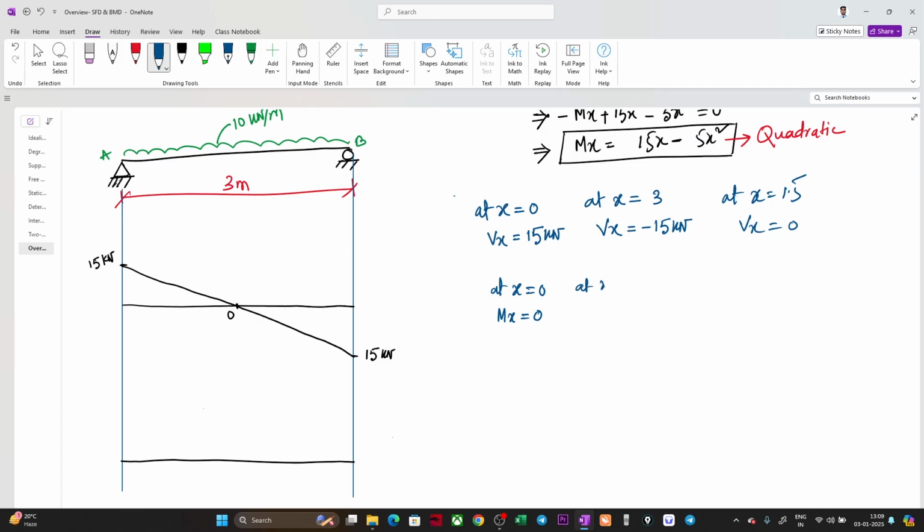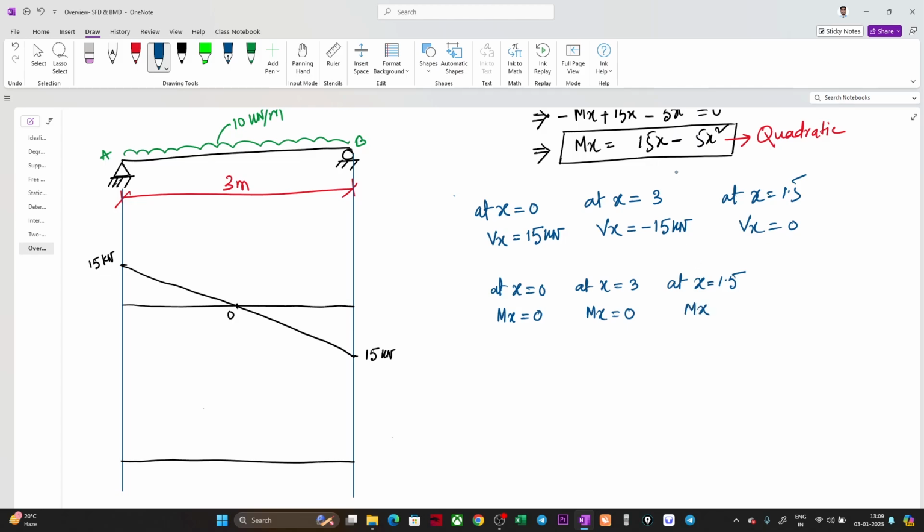At x equal to 3, Mx equal to 3 into 15, 45, minus 5 into 3 square, means 9, so 45 again. So 45 minus 45, 0. So Mx equal to 0. Let us make it at the center, at x equal to 1.5. What will we be getting?